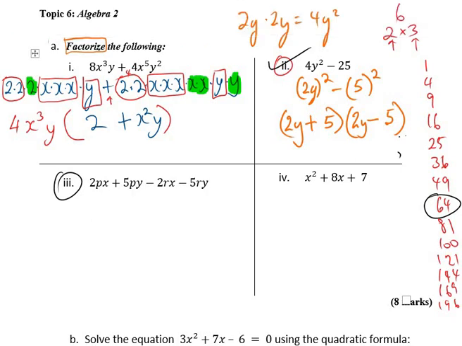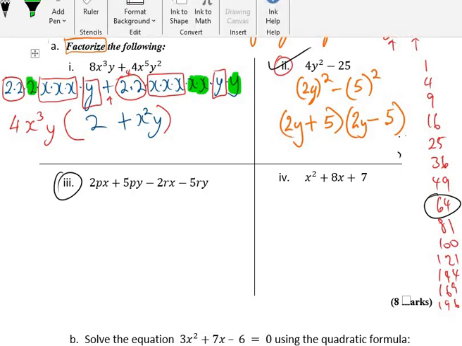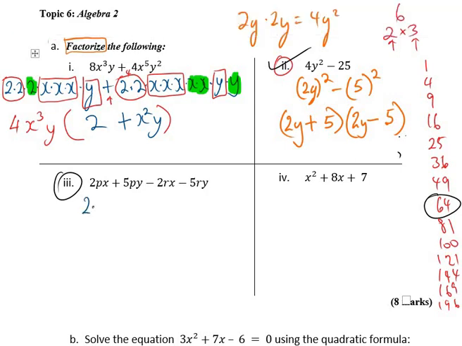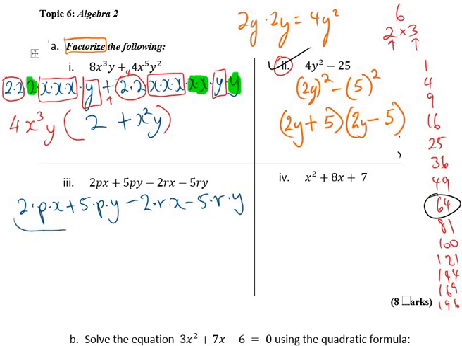So we're going to expand the 2p squared as 2 times p times x plus 5 times p times y. And then we're going to have the minus, and then 2 times r times x minus 5 times r times y. So we have this set over here and this set over here.